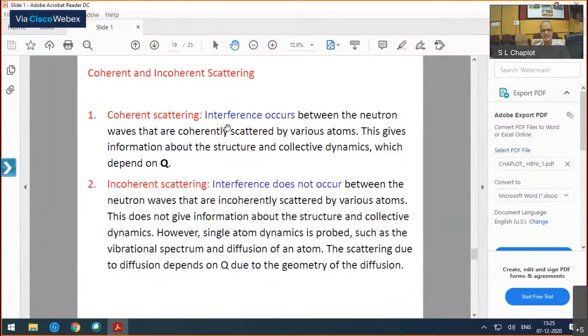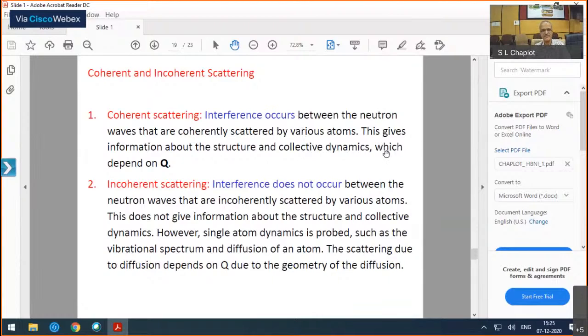Therefore the interference does occur between the neutron waves that are coherently scattered by various atoms.